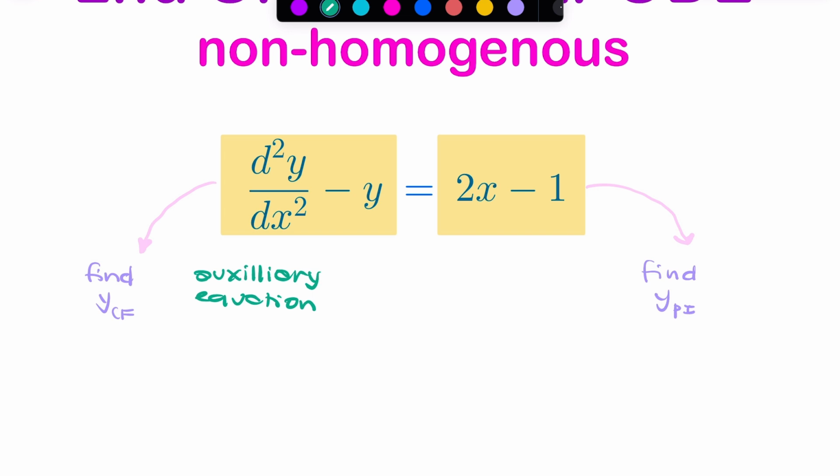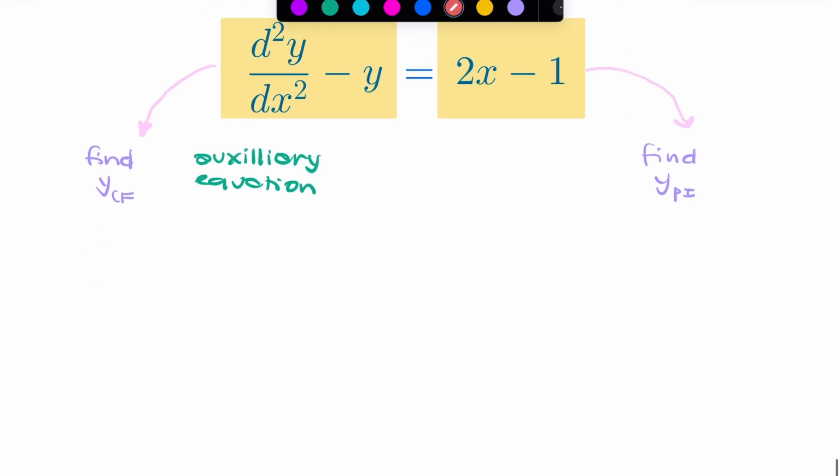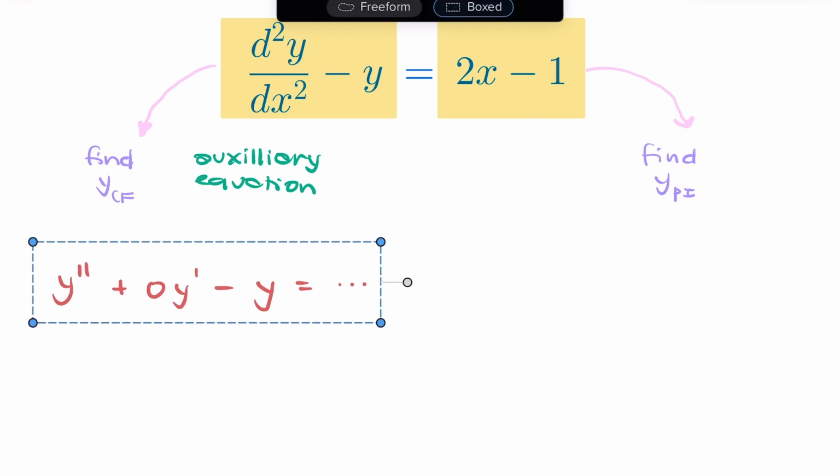So I can rewrite this as the second derivative. Let's write it out like this. So y double prime plus 0 times the first derivative minus y equals. Now, we're only interested in the left-hand side of this equation.